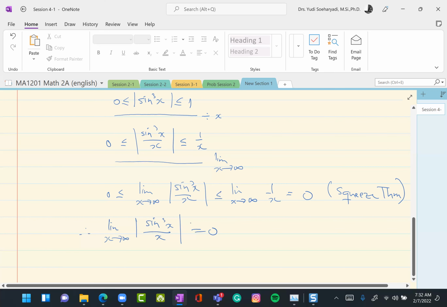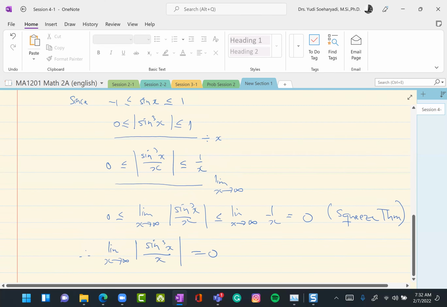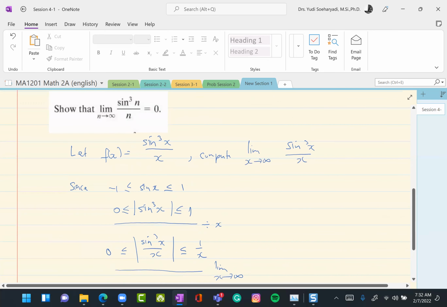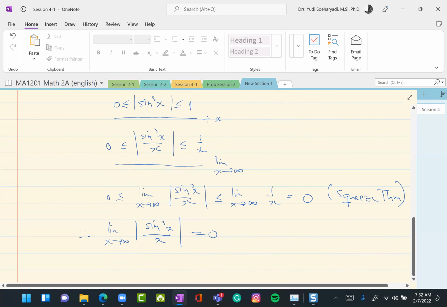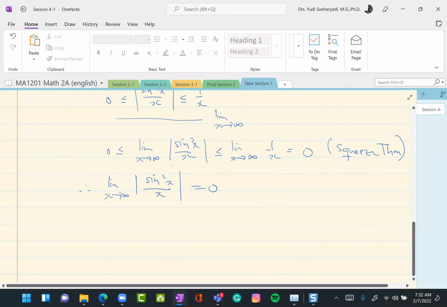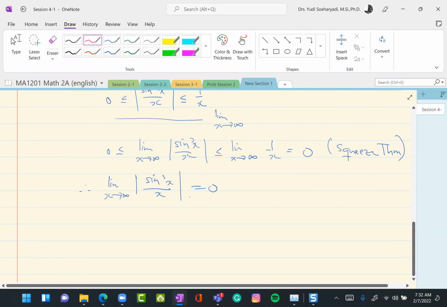But this is not the original problem, because the original problem is without the absolute value. But the thing here is that if the limit with the absolute value equals 0, then the limit without the absolute value is also 0. This is a property that we use, so we just state it as a fact.